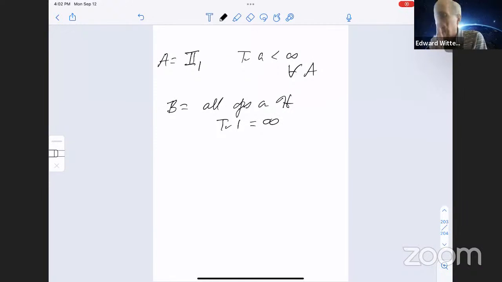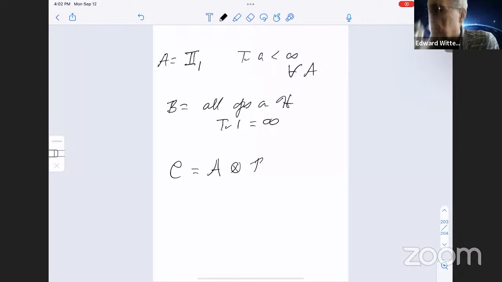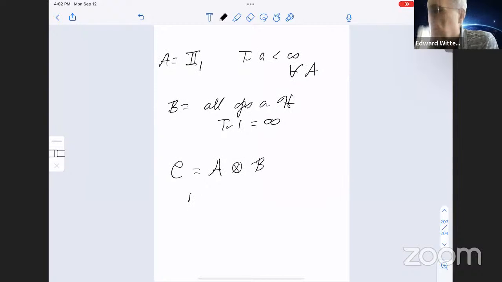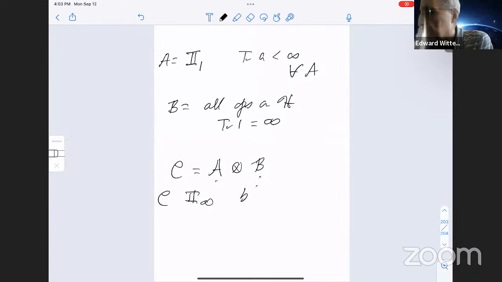So only operators of trace class have traces. Then we could define a third algebra, which I forgot to define in the lecture. A tensor B is said to be of type 2 infinity. It has a trace. Both the algebras A and B have traces, so C does also. But because the trace in B is only defined for some elements, the same is true for C. So C is an algebra of type 2 infinity, which is the right kind of algebra for the black hole.